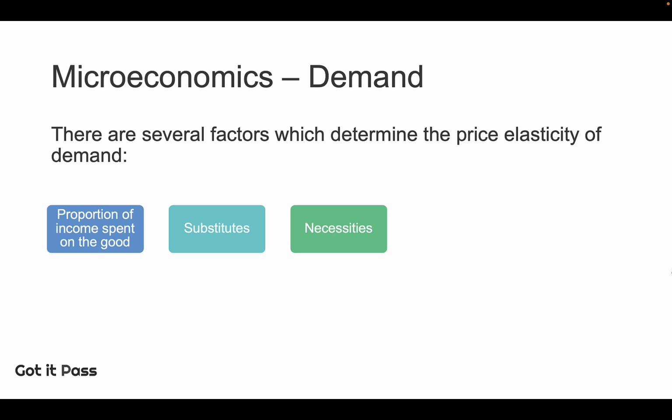And for necessities, like just mentioned, sugar, milk, bread, they tend to be stable and inelastic. On the other hand, luxury items are quite elastic because people don't need to buy luxuries. They have many alternatives to choose from. So for necessities, in general, demand is quite inelastic.